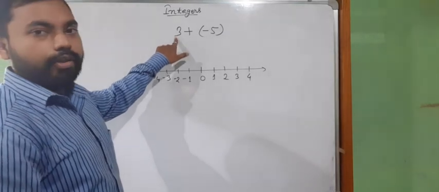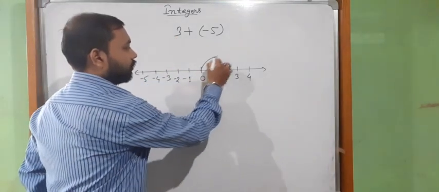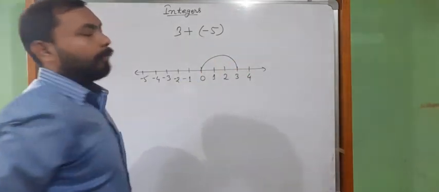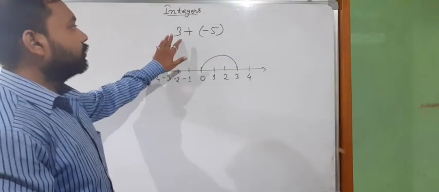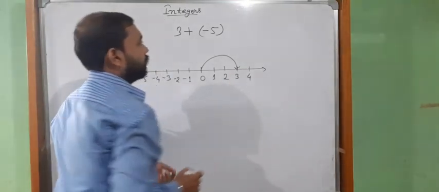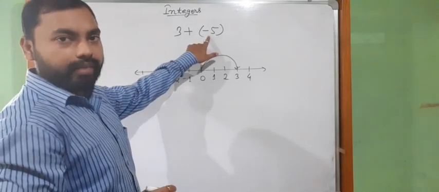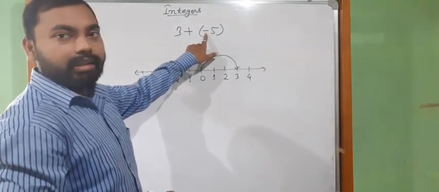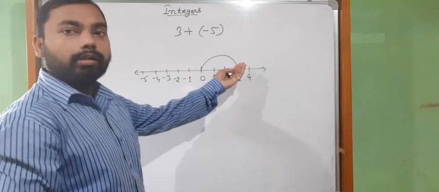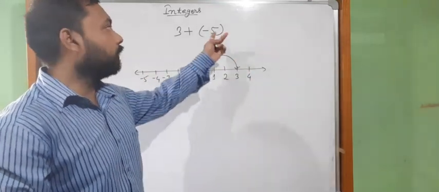At first we have to move from 0 to 3, since my first number is 3, which is a positive integer. Then we have to add minus 5. Since the minus sign is there, we have to move in the backward direction, and 5 steps.